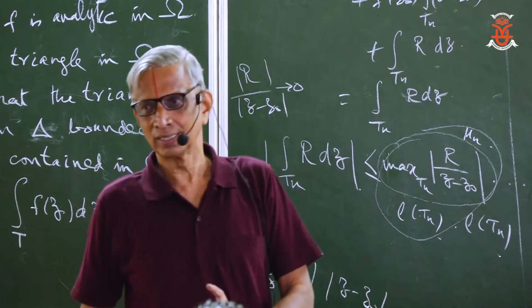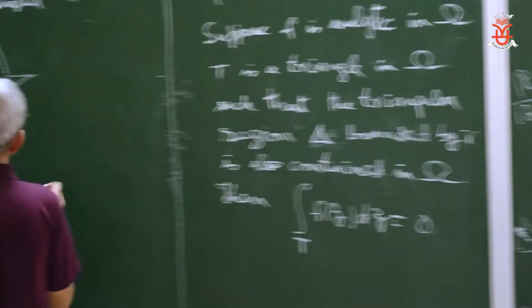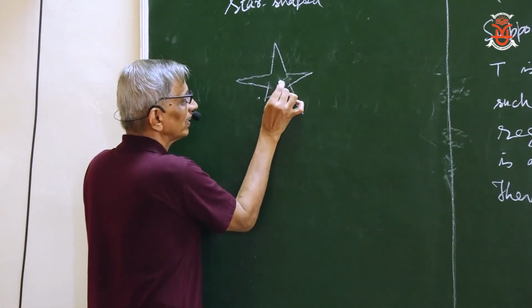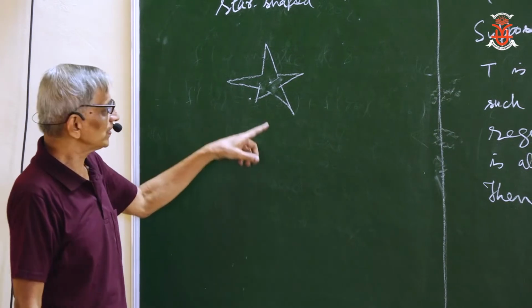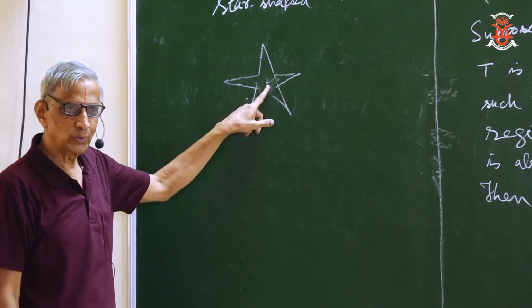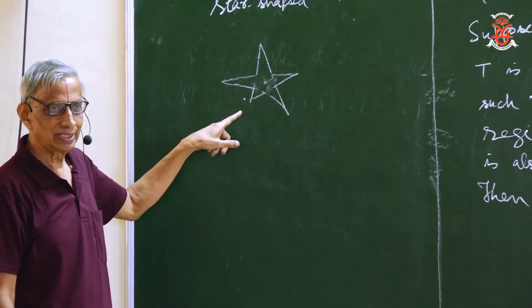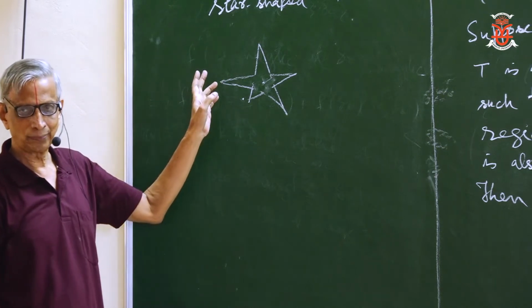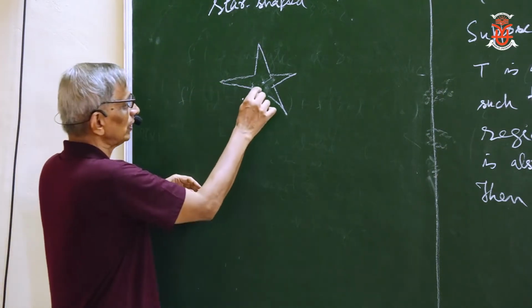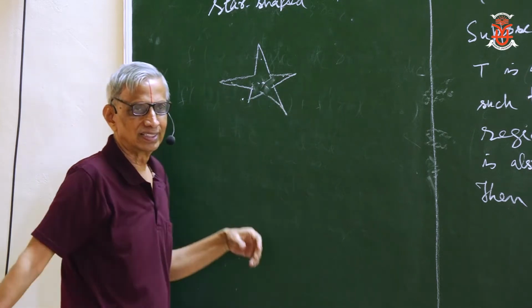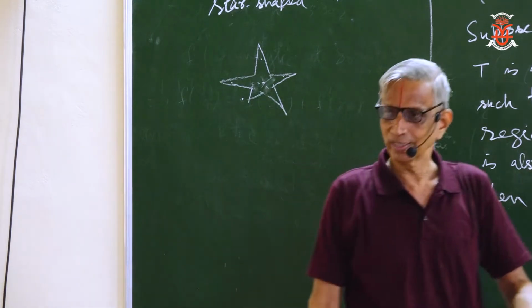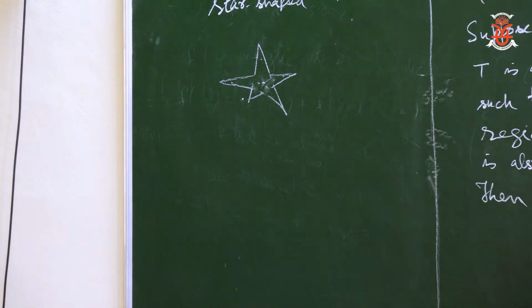However, take this point, for example. The line segment joining this point to any other point in the domain lies in the domain. Right? Whichever point you take. So such a domain is called a star-like domain or a star-shaped domain. That means what?